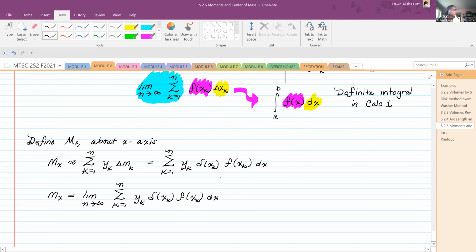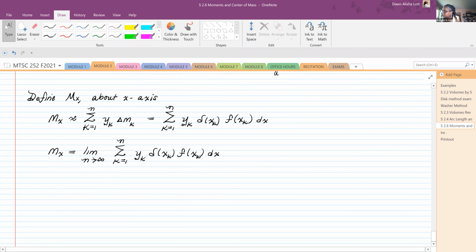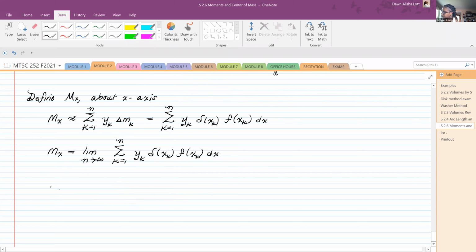So therefore I get Mx. This becomes the integral from a to b of y delta of x, f of x dx.